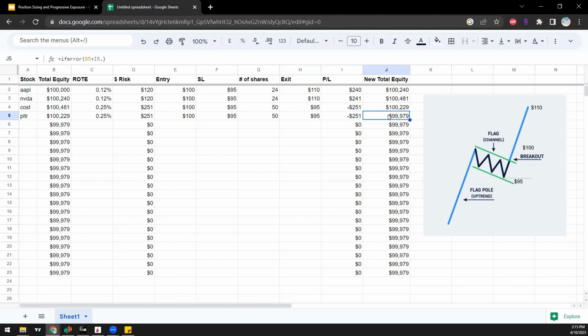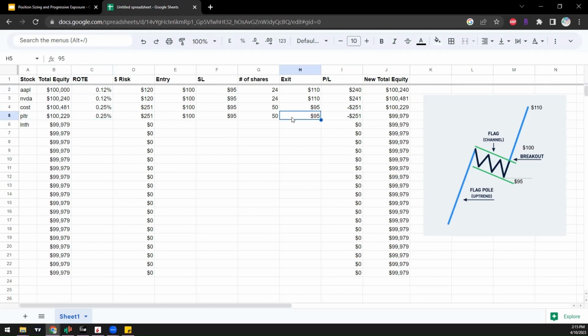Now, because I have gone slightly below where my original account had started from, my next trade, say it's in Lantheus Holdings, I'm going to go back to risking 0.12%. Remember, 2 losing trades, and we go back down 1 level in risk, 2 winning trades, and we can increase the risk, right?